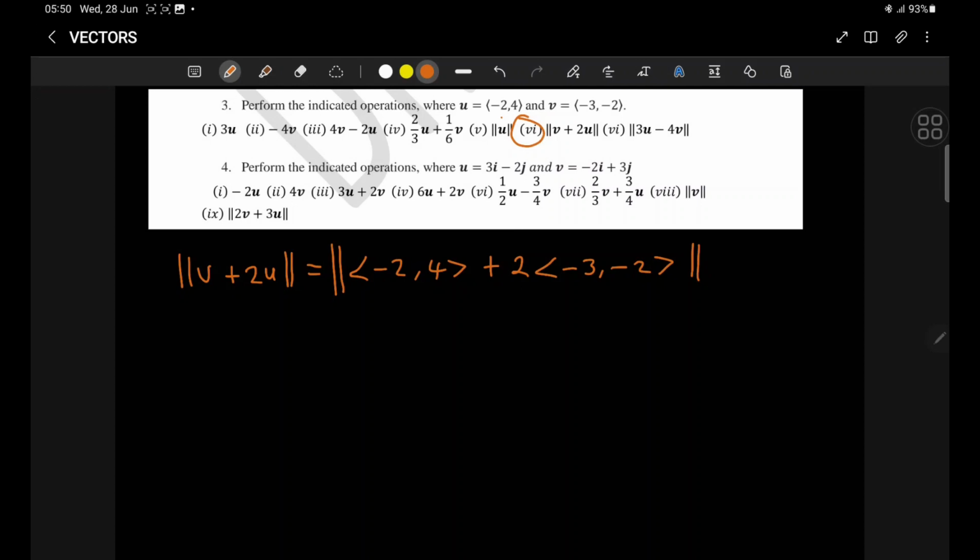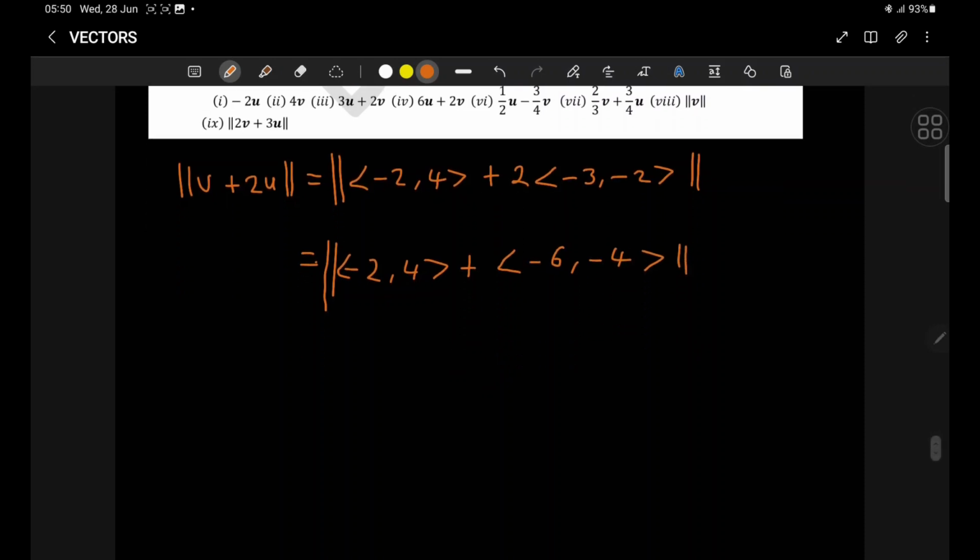So first we need to simplify what is inside, and you apply this with the other expressions. So let's simplify. So we have negative 2, 4 plus. Since 2 is a representation of a real number like k, we multiply it throughout the vector. So we'll have inside negative 6, negative 4.